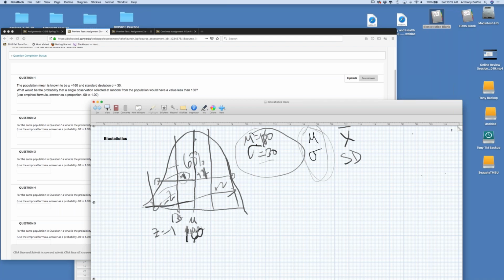Since it's symmetrical, I know that the part between the mean and one standard deviation above is 34%, and the part between the mean and one standard deviation below is 34%, right? So if this is 34%, and I know the left of the mean is 50% of the population, it's symmetrical, right? Well, then if this is 34 and the entire half to this side is 50, that leaves only 16% for this area down here. So we can manipulate this empirical rule to help us do this stuff.